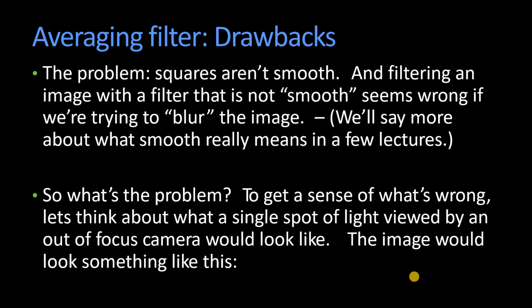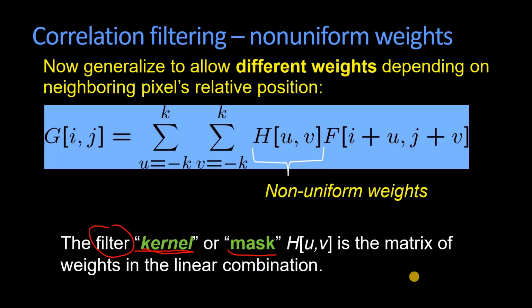So the drawbacks of the averaging filter are, remember, we are using the averaging filter where all the values of the kernel are the same. So it will make the image more blurry. It does not remove the noise perfectly. Same drawback as you saw previously.